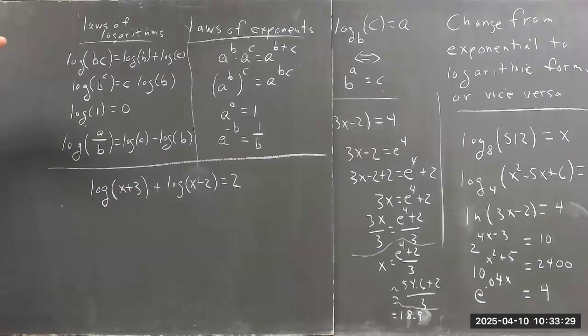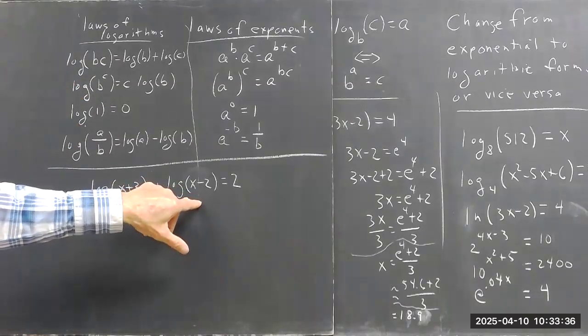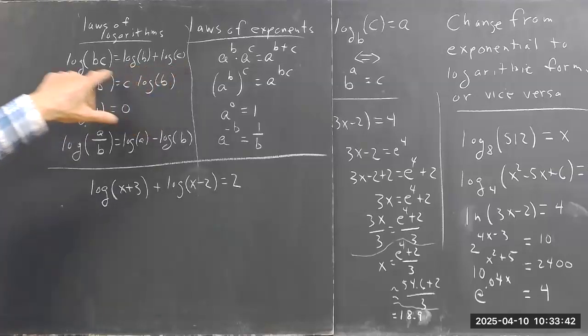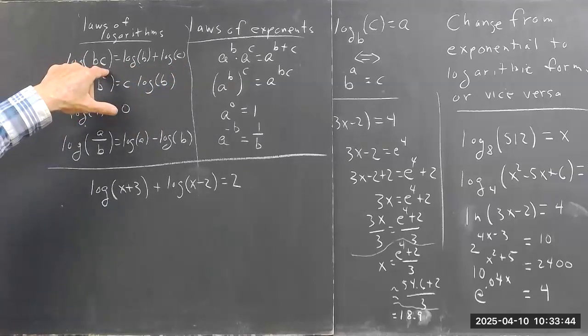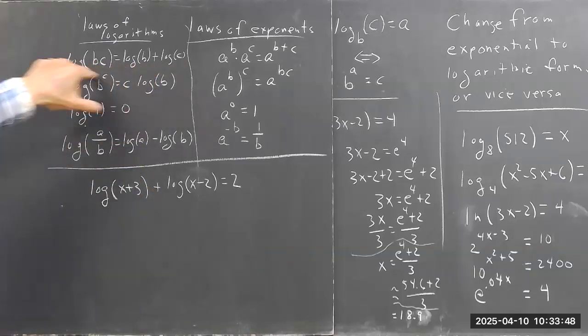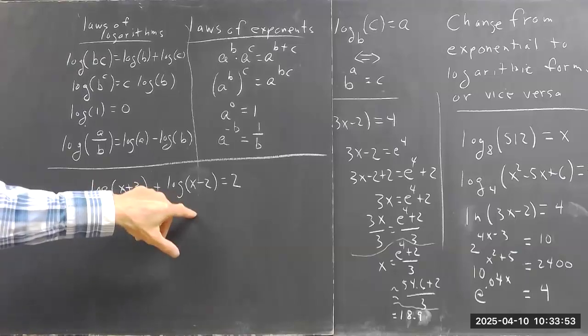What does the first rule tell you about log of x plus 3 plus the log of x minus 2? Well, the log of this plus the log of that is the log of this times that, right? So can you take a look at this and see how this tells you how you could rewrite the left-hand side?